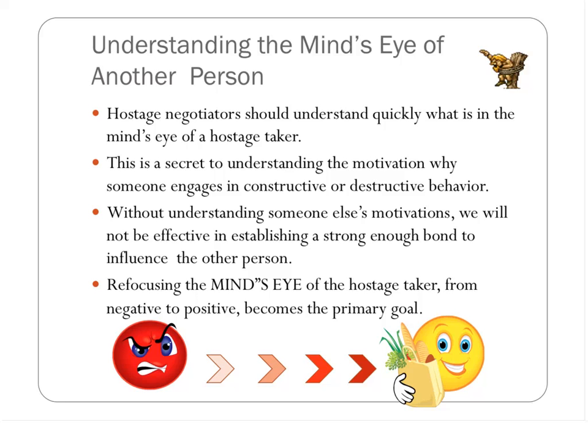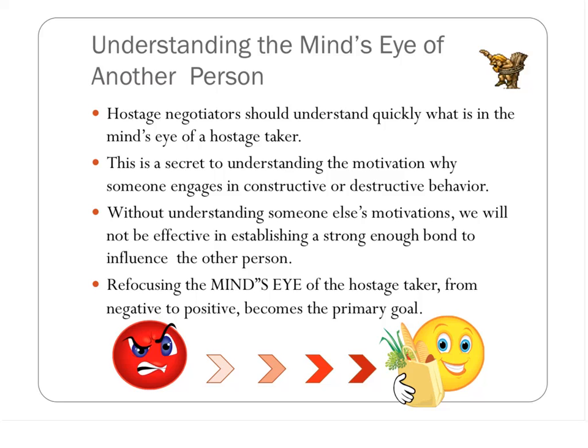So basically, what we were talking about was the mind's eye. The gist of the class is for you to understand the motivation, for you to understand why your manager, your boss, your subordinates are acting the way they are.